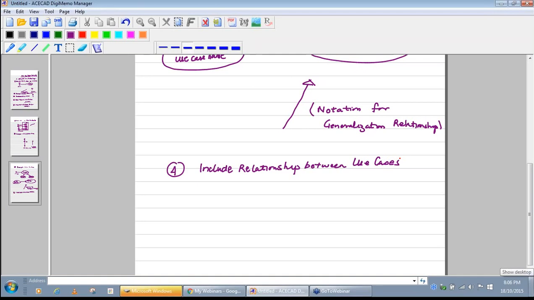So one use case automatically includes another use case in usage. Let us learn this with an example. Think of an ATM machine where the account holder invokes the use case withdraw cash.